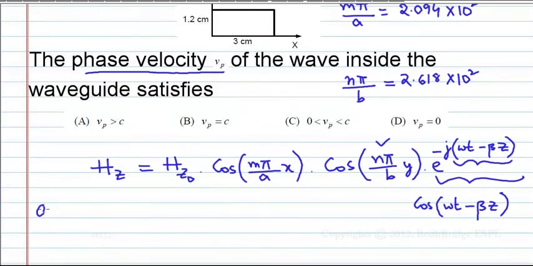What is a? a is the broader dimension of the rectangular waveguide, and b is the smaller dimension. a is 3 centimeter, b is equal to 1.2 centimeter.